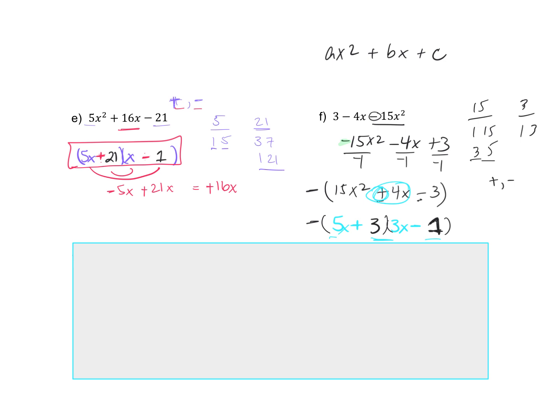Make sure we can see that: positive 3 and a minus 1. If I check that, that gives me a negative 5x plus positive 9x, and that gives me a positive 4x, which is what I have here. So this is my solution. Do not forget the negative. It's incorrect if you don't.